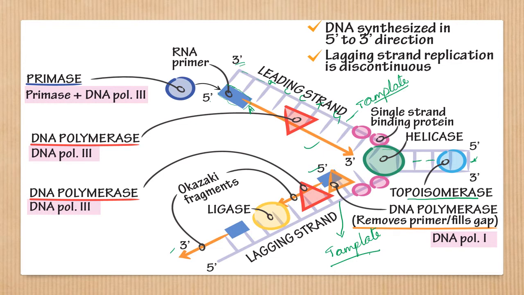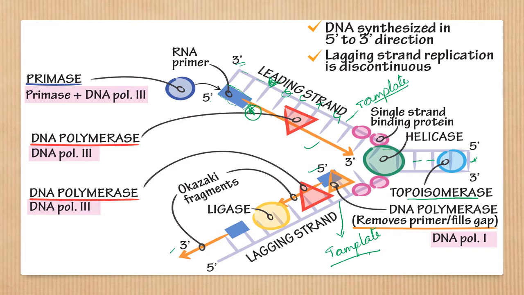The nitrogen base in this nucleotide is cytosine, and here it is adenine. That means the new strand should have thymine on this side. Where will it get the nucleotide with thymine as the nitrogen base? From the nucleoplasm.